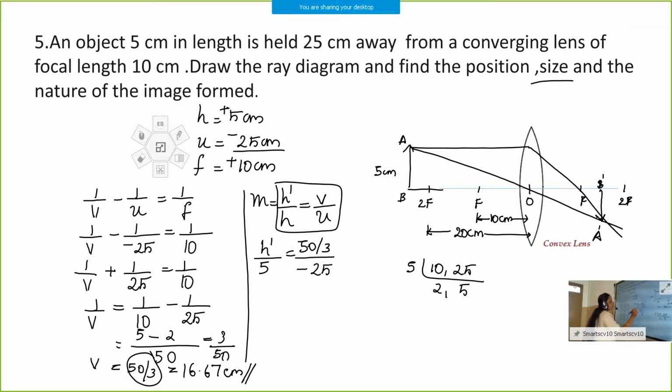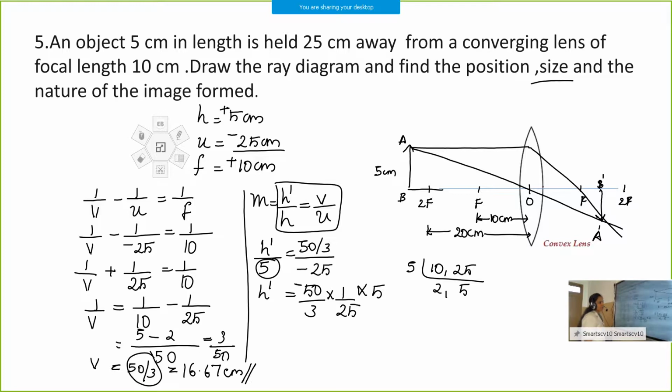Okay. So what is h dash? H dash is equal to 50 by 3 divided by 25. It is into 1 by 25, and here we have 5. 5 when it goes to the other side, it goes to the numerator. And you have a minus sign also, since on the right hand side you have minus 25.